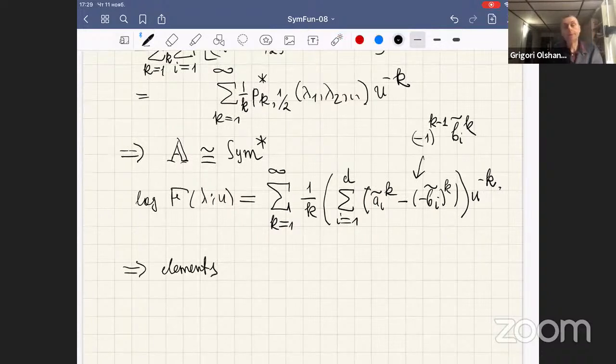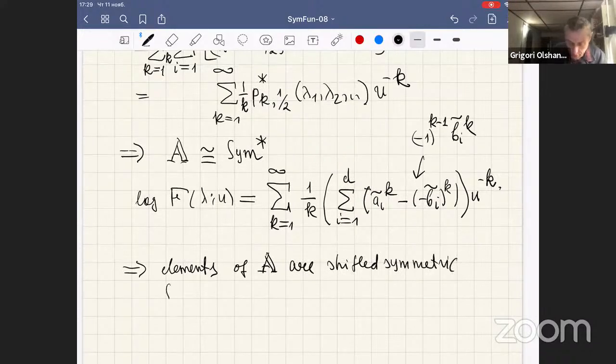We can say that elements of our algebra are shifted symmetric functions in the coordinates, in the row coordinates.